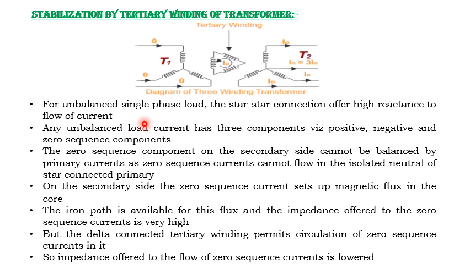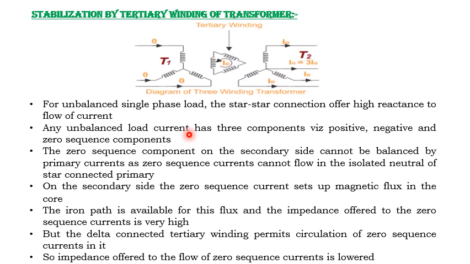Obviously, balanced condition plays a very important role in a system. Here in the star to star connection, both primary as well as secondary windings are star connected, so both windings offer a very high reactance to the flow of current.